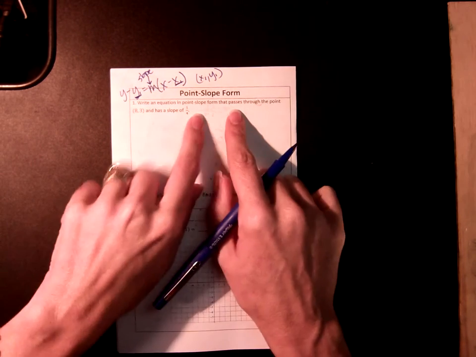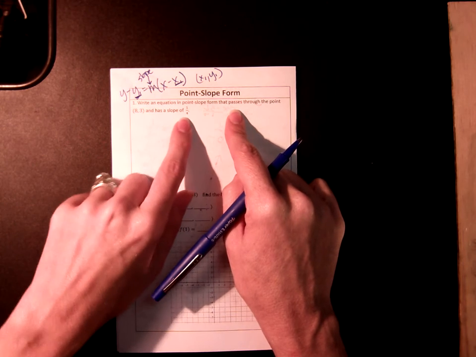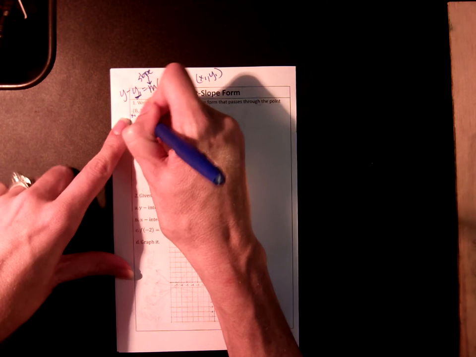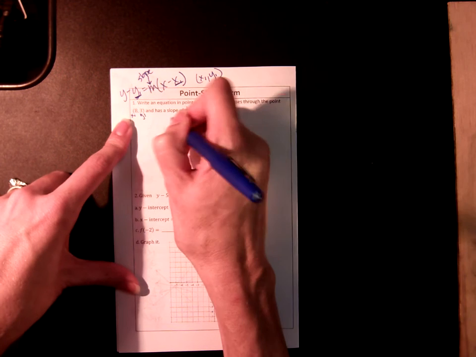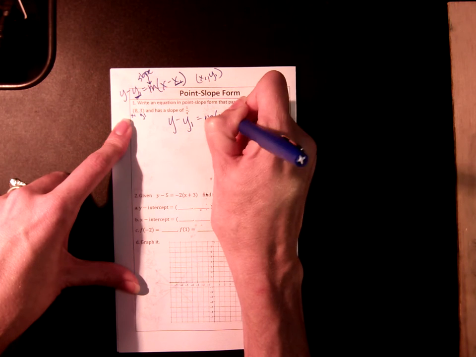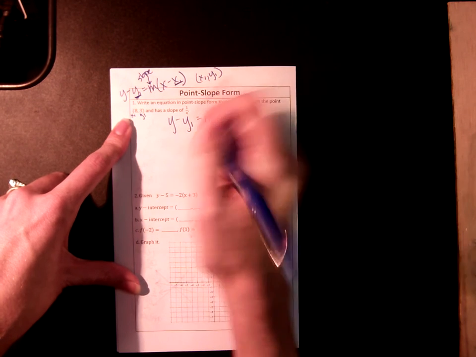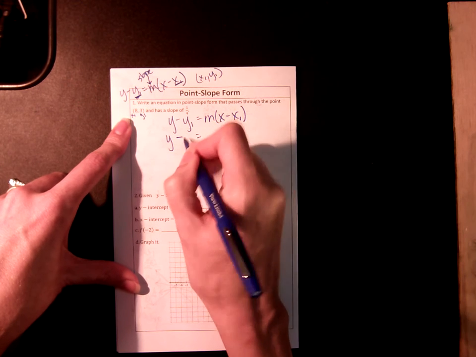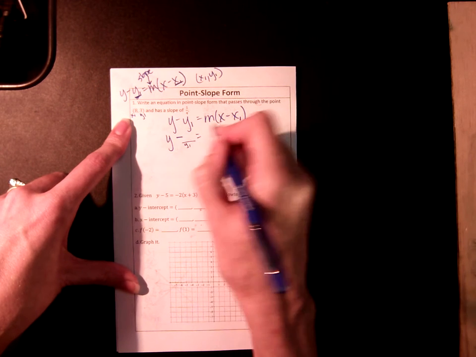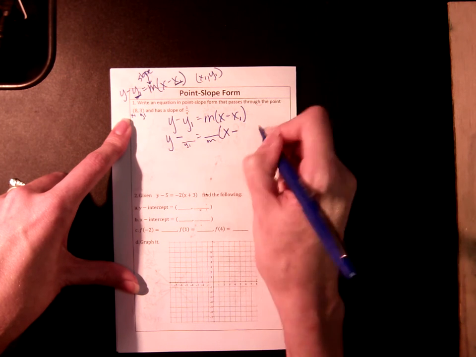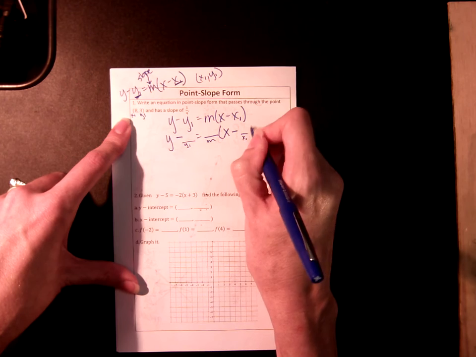So if I use this slope of 1/4 and the point (8, 3), so there's my x1 and my y1. y minus y1 equals m times x minus x1. I'm going to keep the y minus, we're going to substitute in the y1, substitute in the slope, x minus, substitute in the x1.